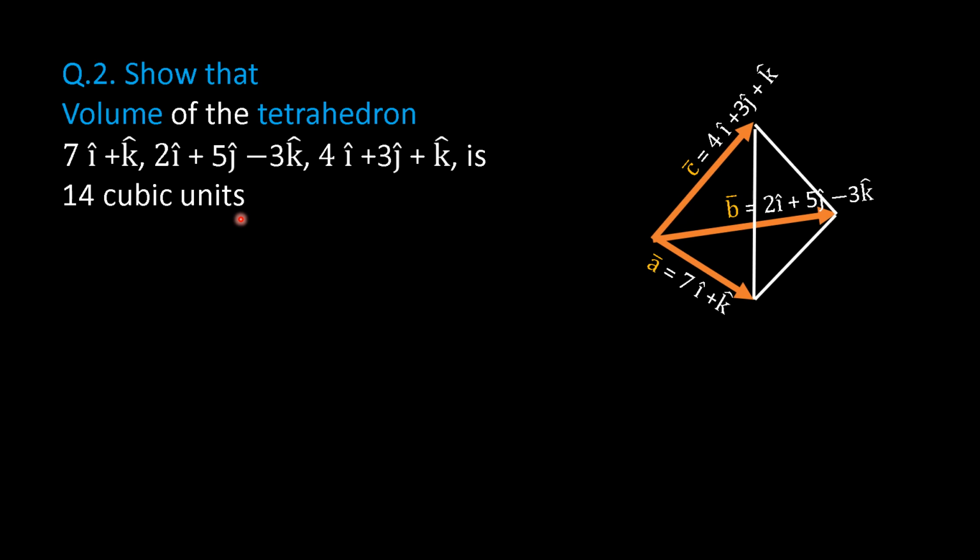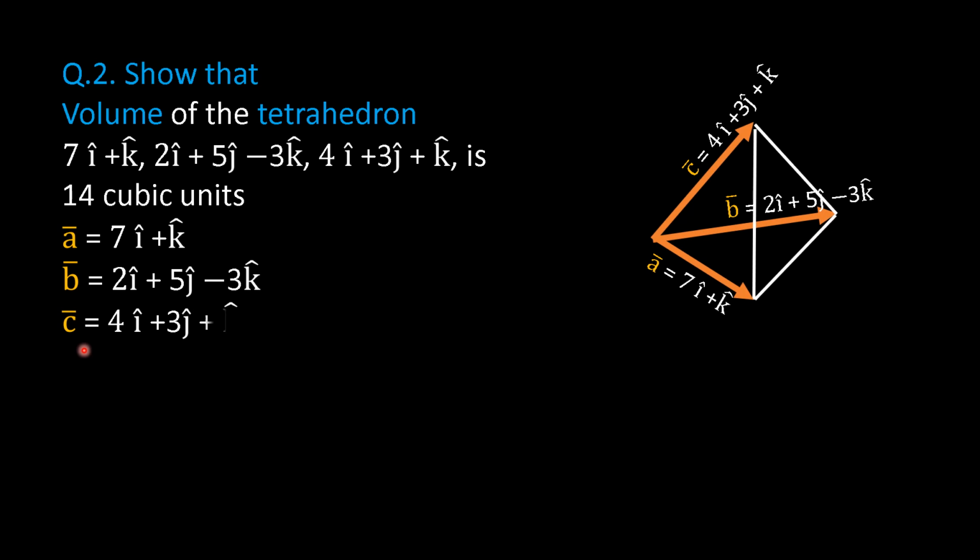First, we will represent the given vectors by A bar equals 7i plus k, which is the first coterminous edge, B bar equals 2i plus 5j minus 3k, which is the second coterminous edge, and C bar equals 4i plus 3j plus k, which is the third coterminous edge.